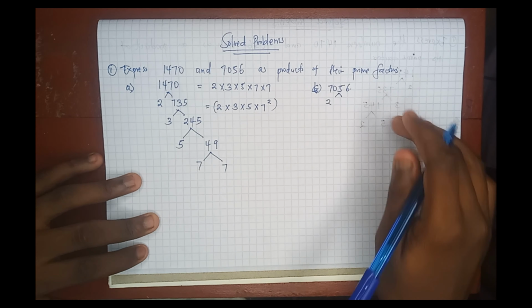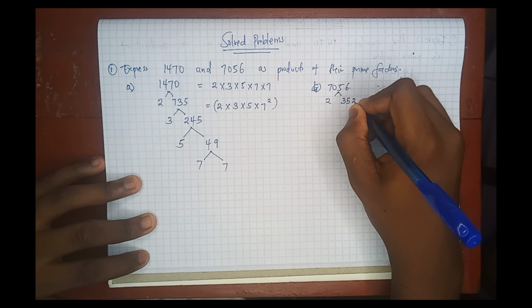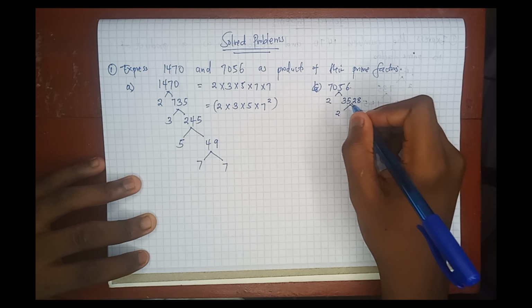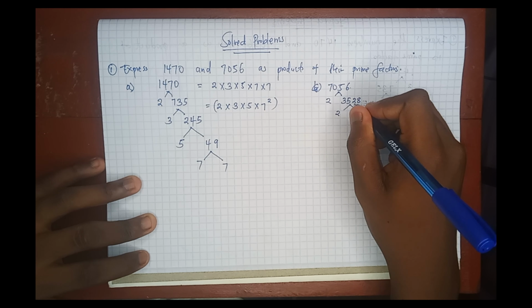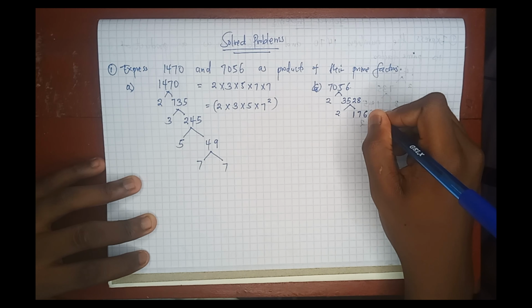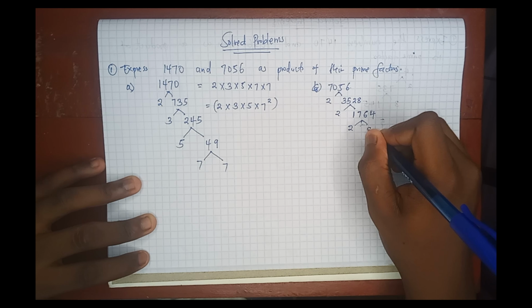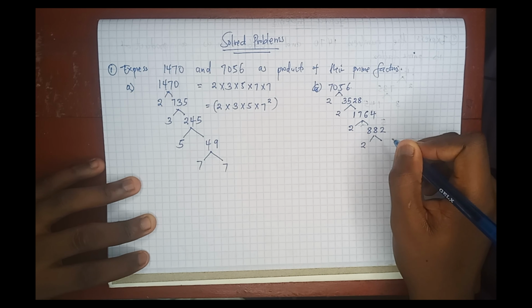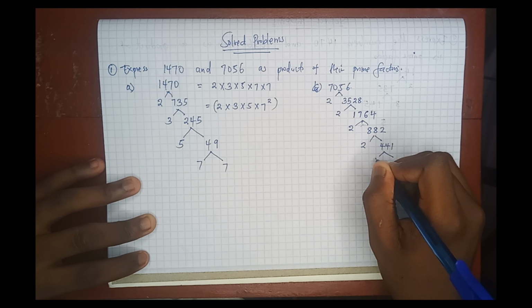So use the tree. So 2 by 7056 is 3528, so divisible by 2, 1764, then 882, 441.